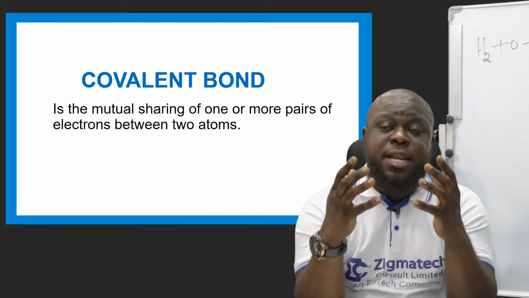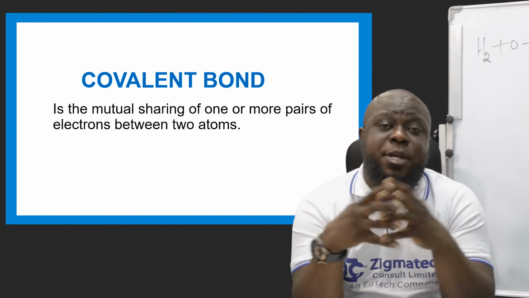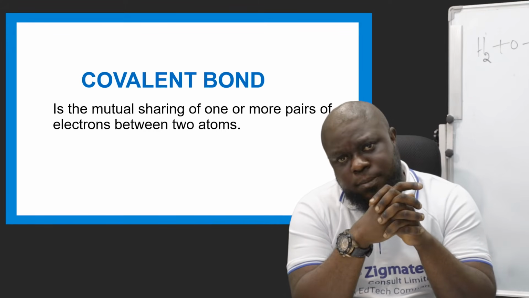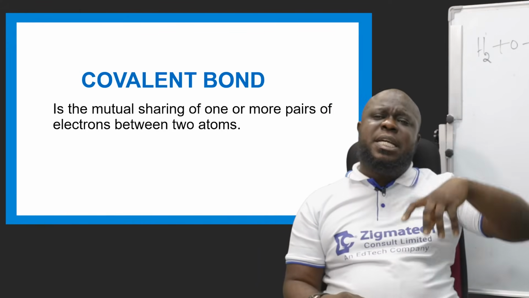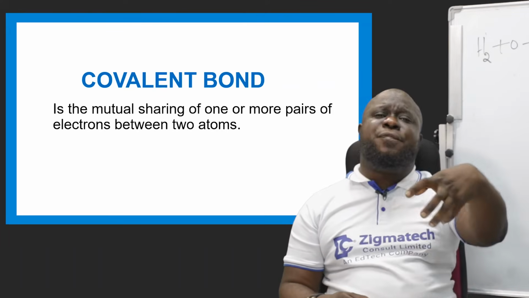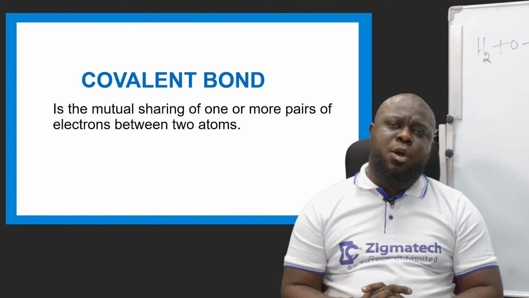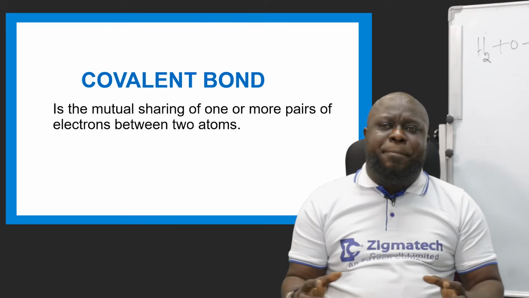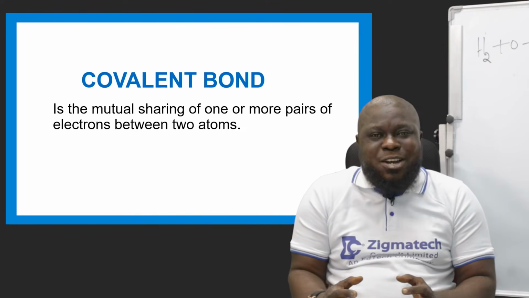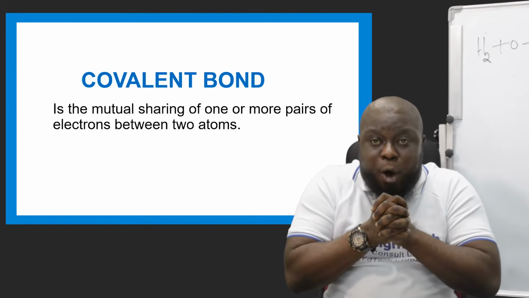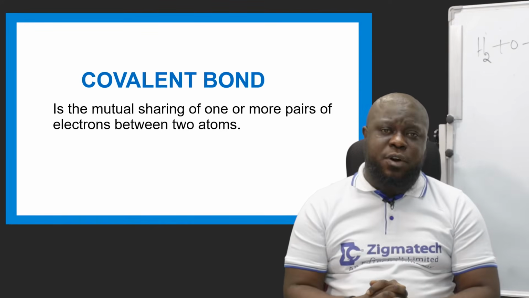So, like I said, the bond that makes this molecular compound possible is the covalent bond. Now, for a bond to happen, there will be a force that will drag it. That force is called intermolecular force. The force that brings these elements together to form the bond is called intermolecular force.